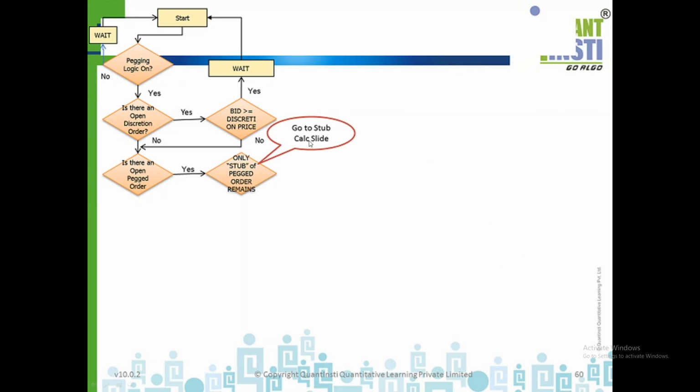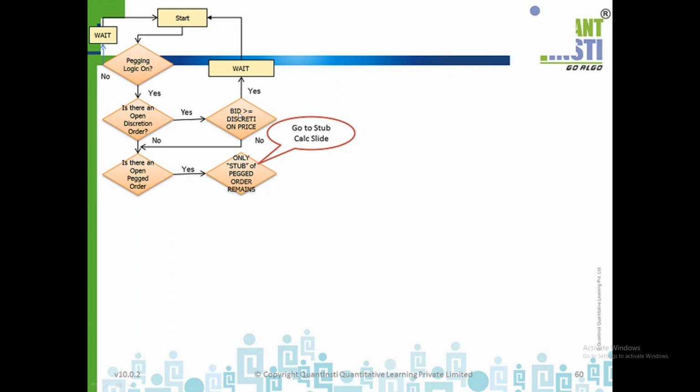What do I mean by an open pegged order? An open pegged order is, have I fired an order, right? Is there an order that already exists in the market, right? So this algorithm is working throughout, right? So it will have to check to fire a discretion order. It will have to check whether there is already an open order, right?